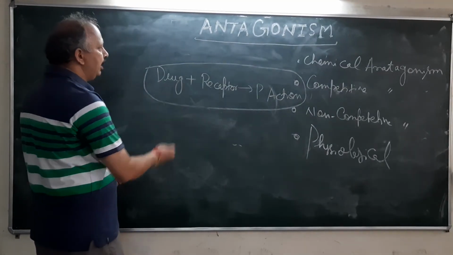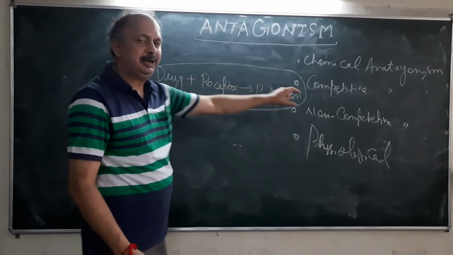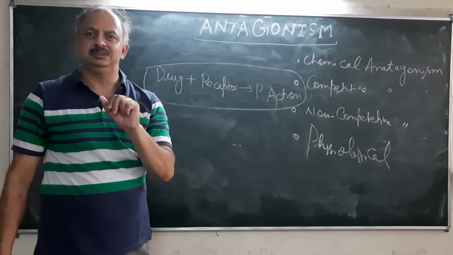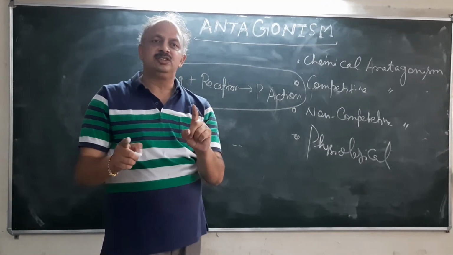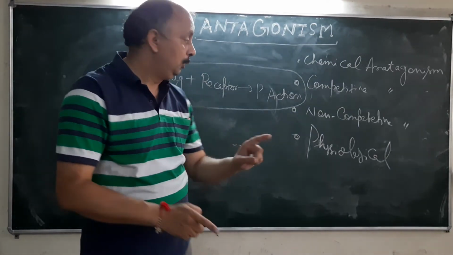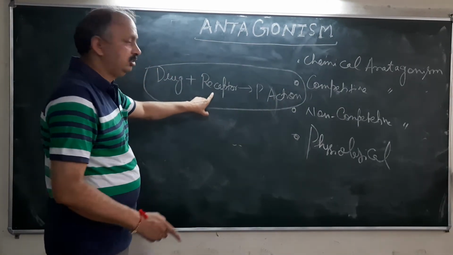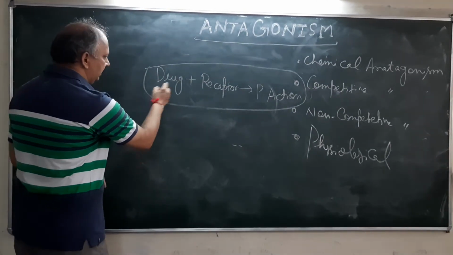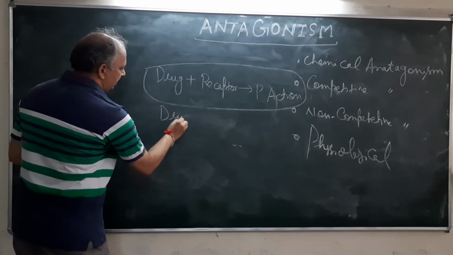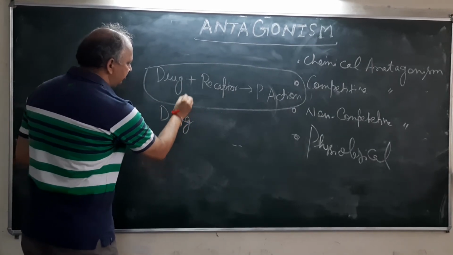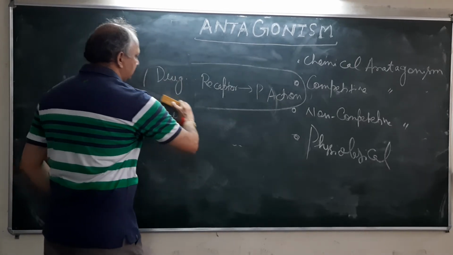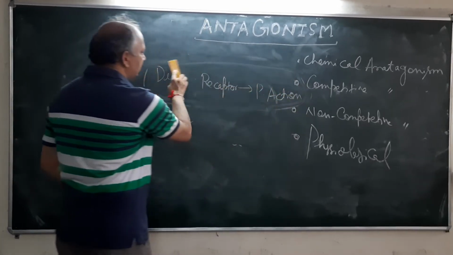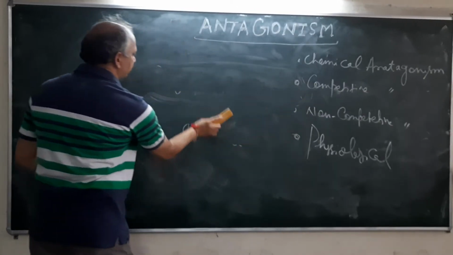So here in this competitive antagonism, I am giving two medicines. और जिस मेडिसिन की कंसंट्रेशन ज़्यादा रहेगी वो इस रिसेप्टर के ऊपर बाइंड कर लेगी. तो जिस भी ड्रग की कंसंट्रेशन दोनों में से ज़्यादा रहेगी, that will show its effects.